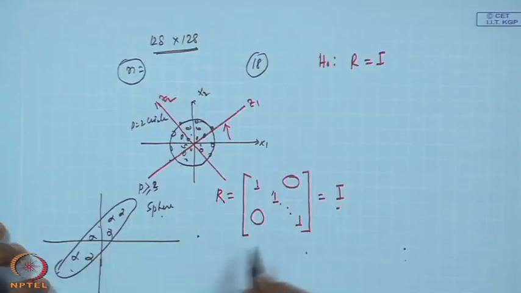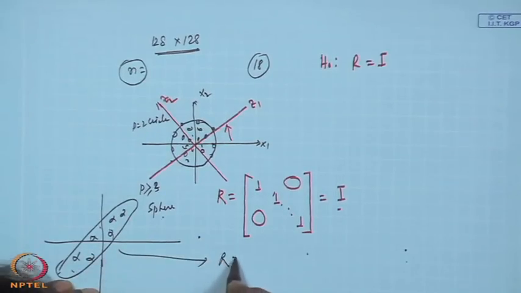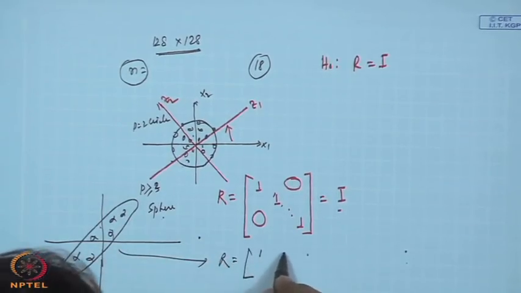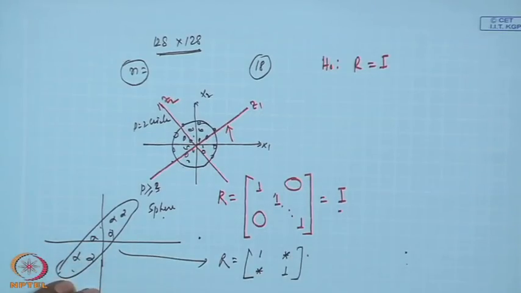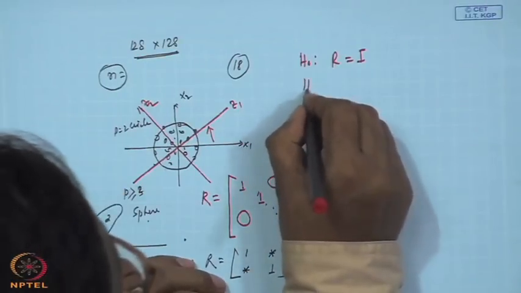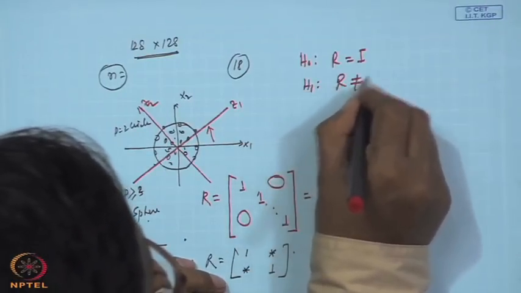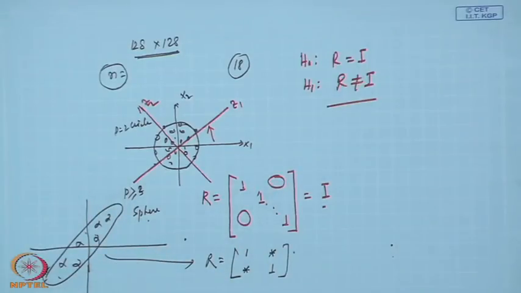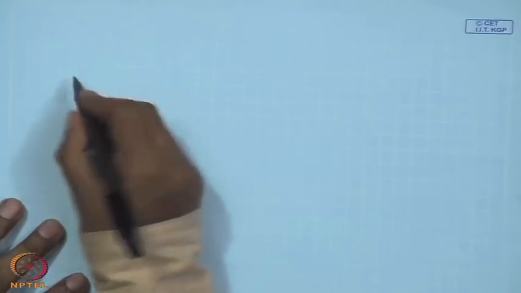So, in that case this R cannot become 0; it will have a substantial value. So Bartlett says the alternative hypothesis is R not equal to I, and he developed the statistic also. What is the statistic to be tested?